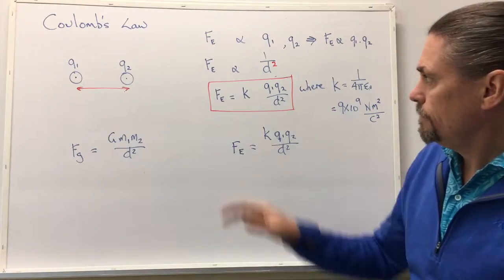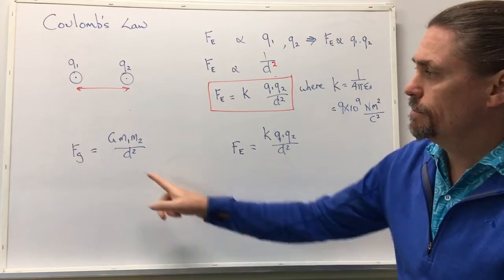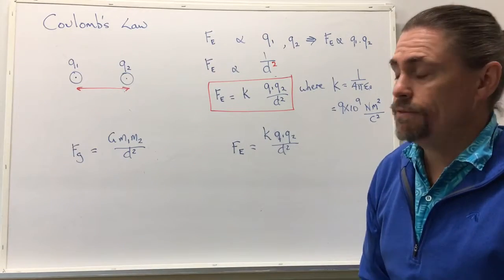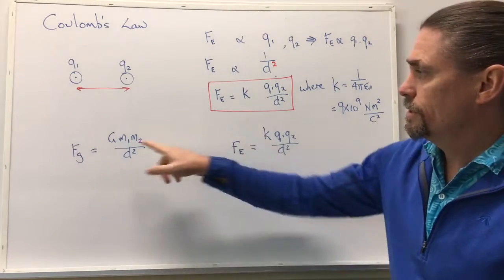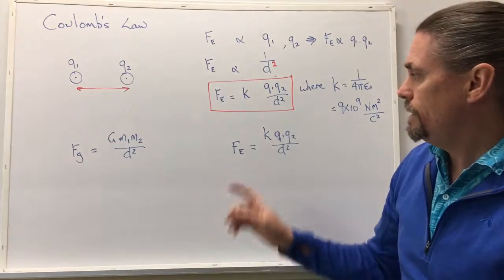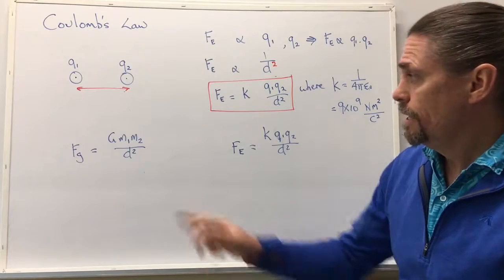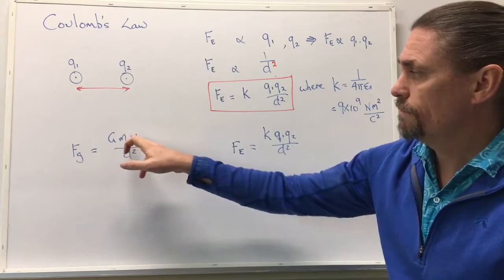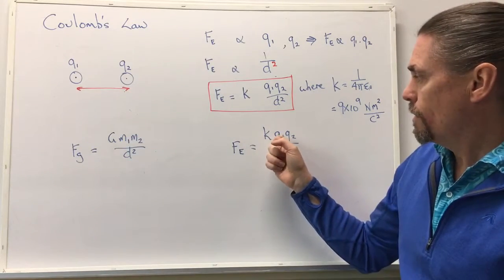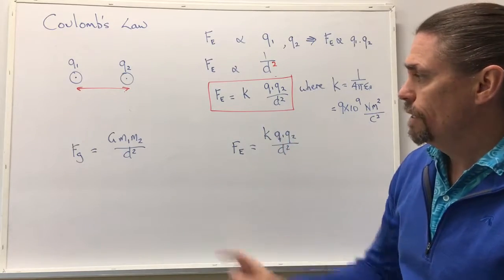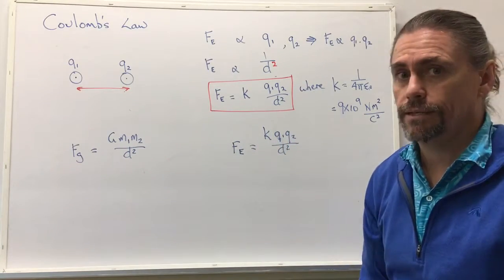Now this equation is very similar to our force of gravity equation. We've got a constant, G for our gravity, k for our electrostatic force. We've got the product of M1 and M2, the product of Q1 and Q2, and they're both over d squared.